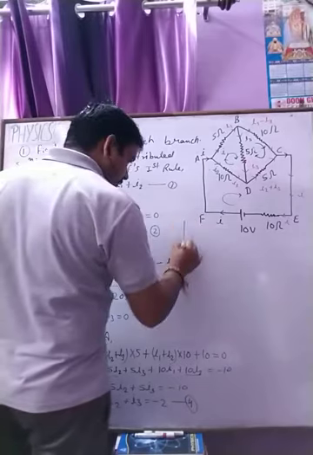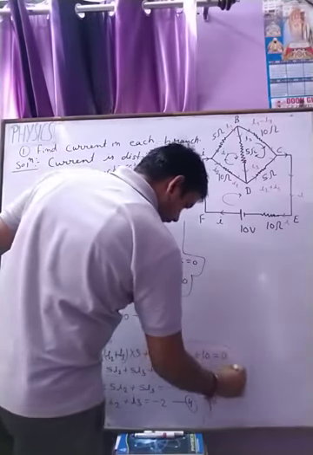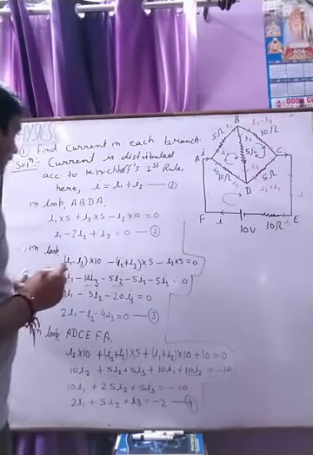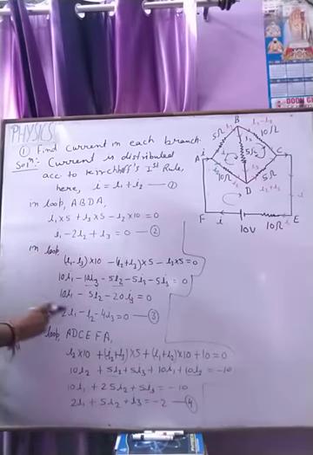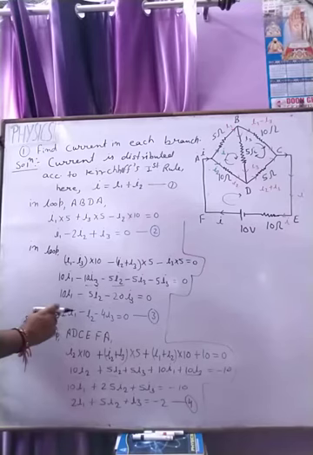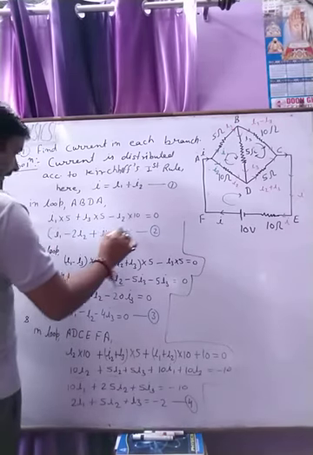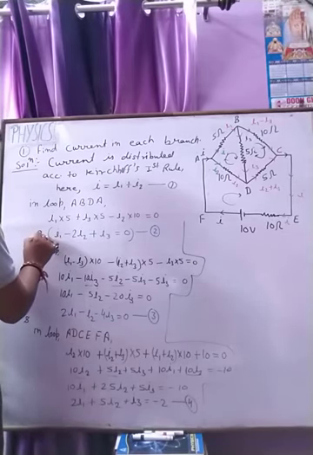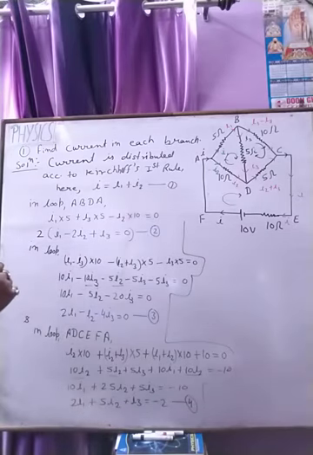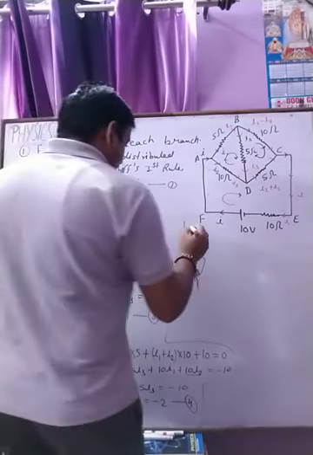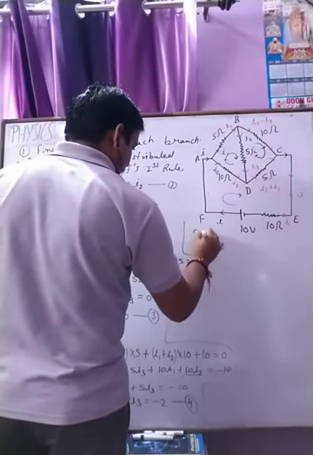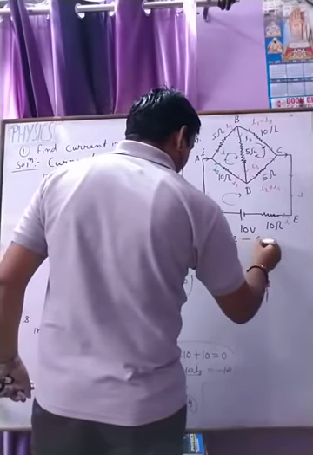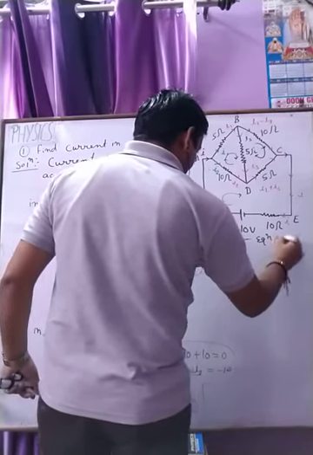Now we are going to solve all these equations. In which first we solve by multiplying equation second by 2 and subtracting from equation third.